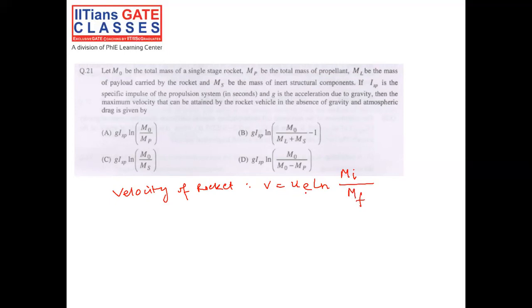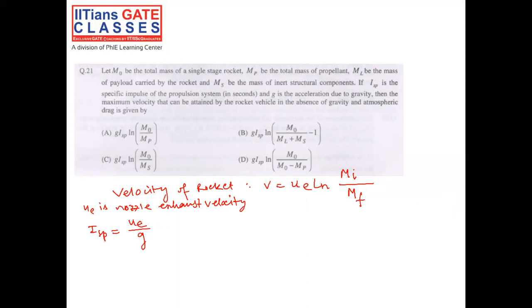Then this ue is the exhaust velocity of the rocket engine nozzle, and the specific impulse is defined as the ratio of ue and g, right?